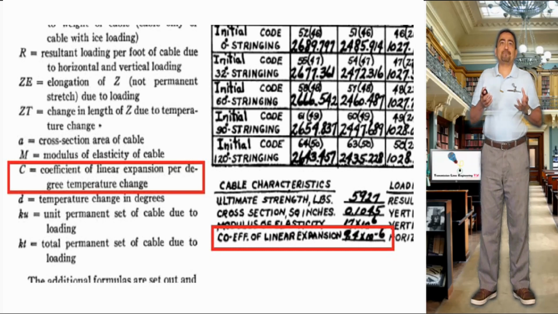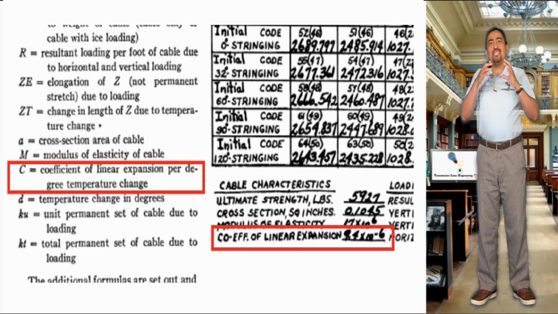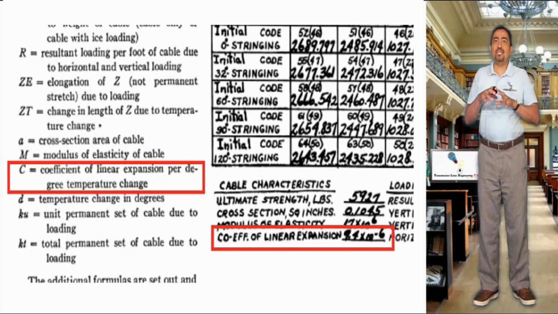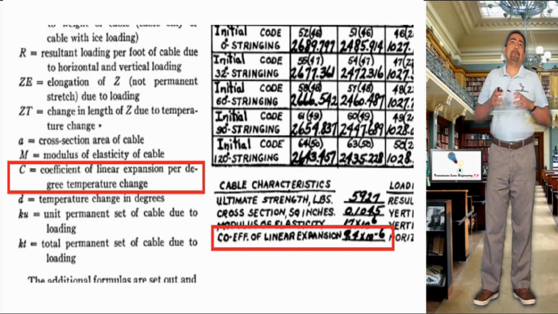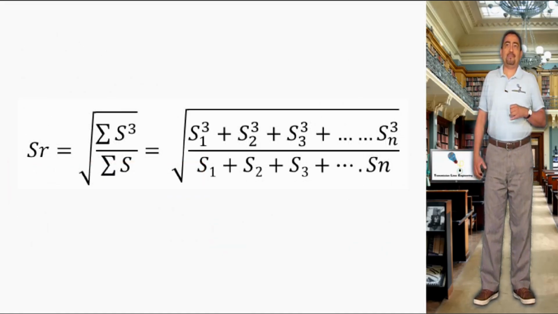In this way, it was possible to calculate how the temperature variation influences each conductor type individually, based on the concept called Ruling Span.